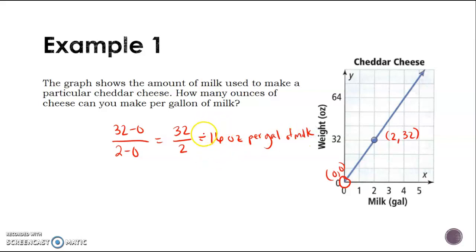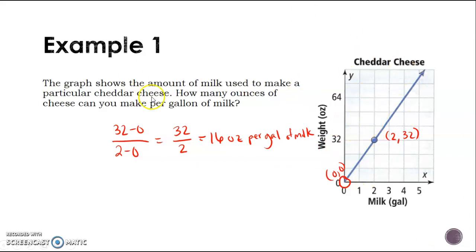And so this, 32 over 2, is considered a rate. 16 ounces is considered our unit rate. But that's how we find how many ounces of cheese we can make per gallon of milk. So we found our unit rate given a graph.